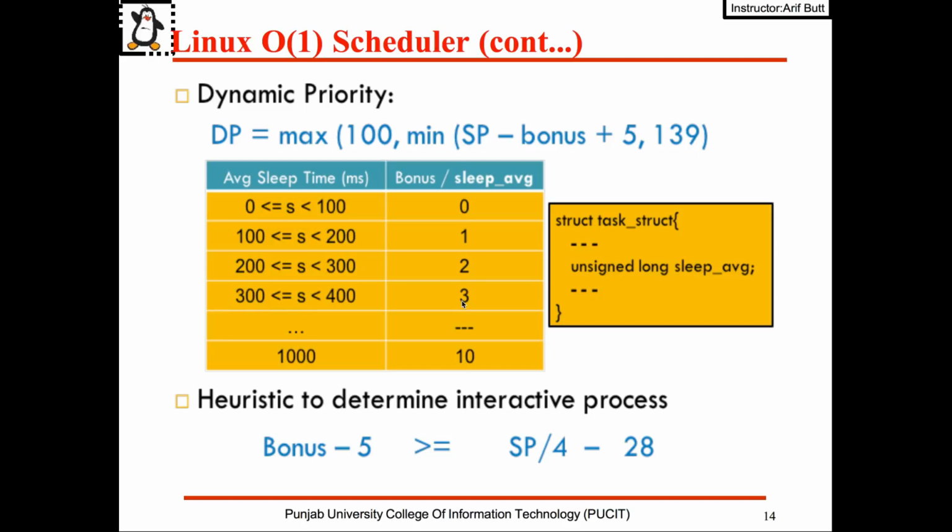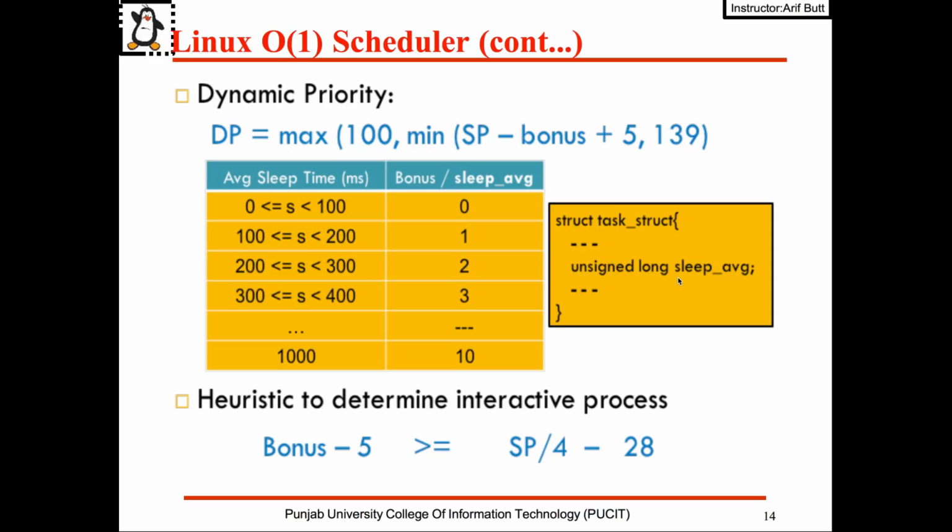For example, if a process has a static priority of, let's suppose, 120 and gets a bonus of 10, the new dynamic priority will be 115 as per this formula. To compute its value, Linux's famous task_struct has a member sleep_avg, which is initialized with a value of 10 for every new process.